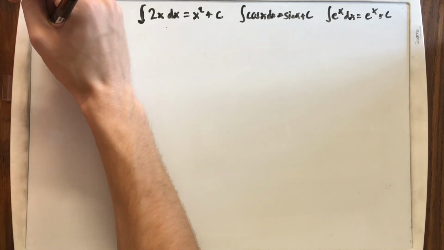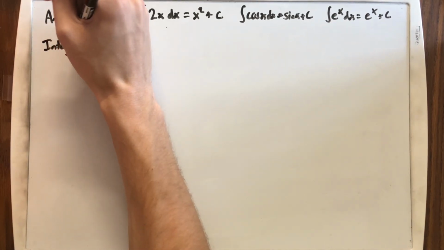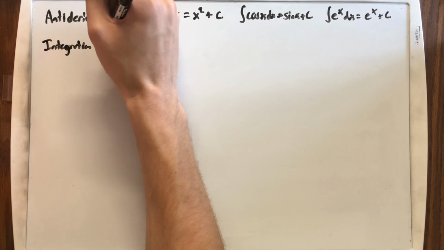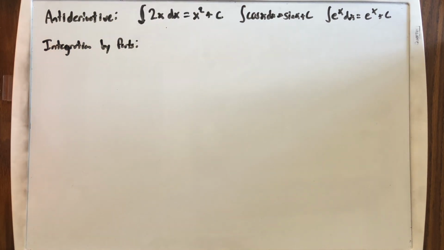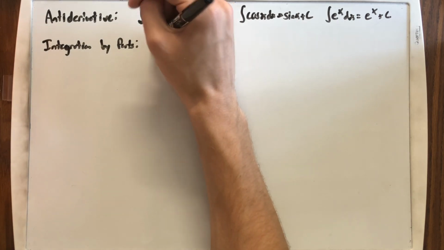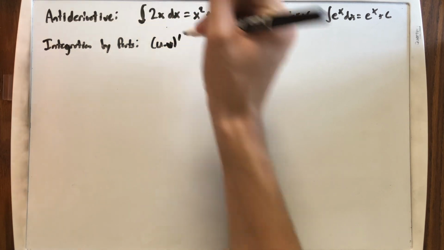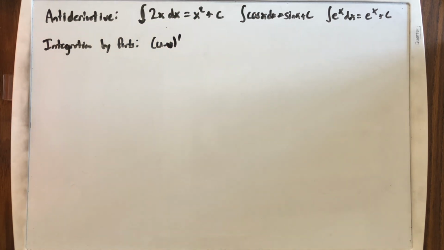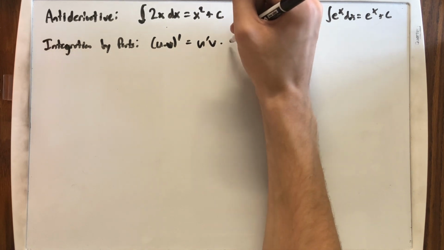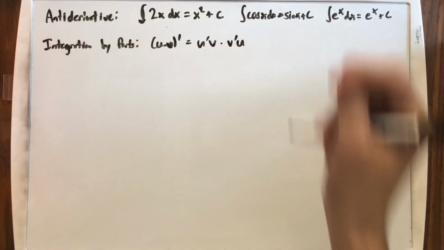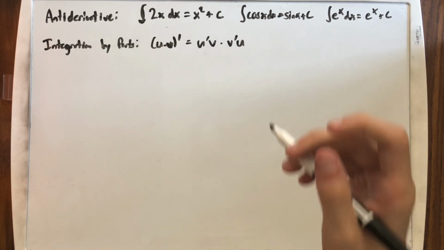Now another rule that is really useful is called integration by parts. Now we'll derive this rule really quickly. So if you have two functions, u times v, and you take the derivative of them, then as last video showed, it would look a bit like this, where you would use the product rule to find the answer to that.